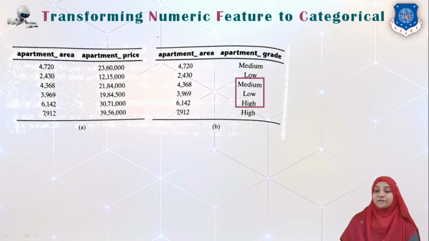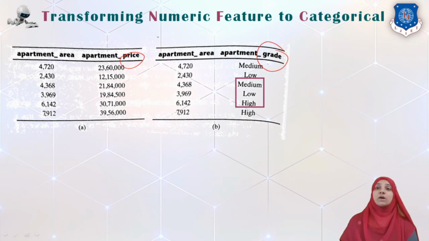So instead of apartment price, we have created a new feature called apartment grade, which has three values for low, medium and high. This window of low, medium and high is decided by the data scientist itself. It is not a decision taken by the machine, it is a decision taken by a human.